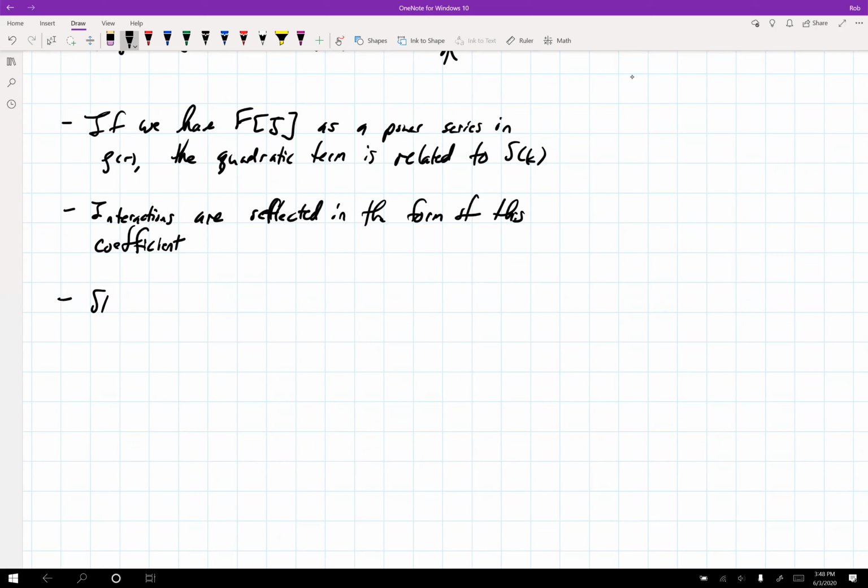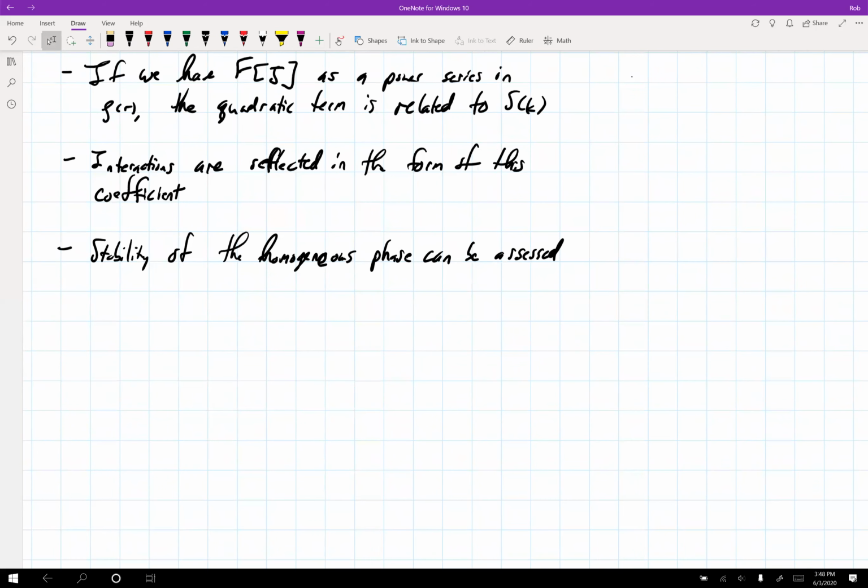So for example, if this coefficient is less than 0, then that means that this free energy is going to have a negative curvature and it's unstable. Right, and so that's going to be the key mark that we're going to go for to understand when a system is going to be stable or unstable.